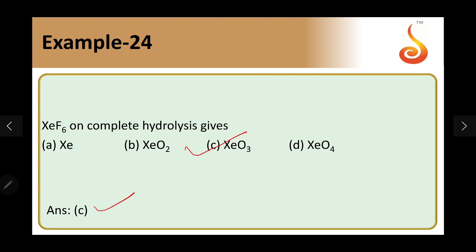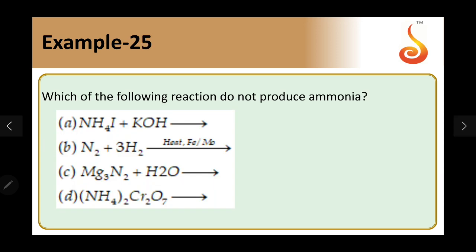Example 25. Which of the following reactions do not produce ammonia? Taking the first one, ammonium salts with KOH produce ammonia gas. N2 plus 3H2, Haber's process, will obviously give ammonia. This is also correct.